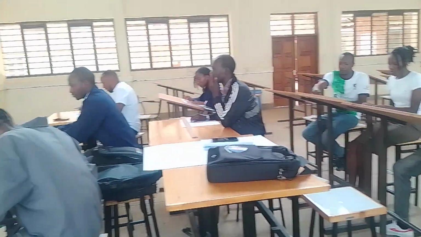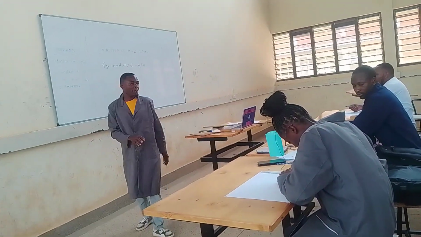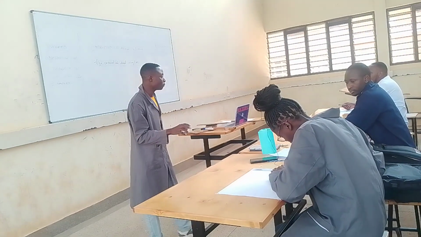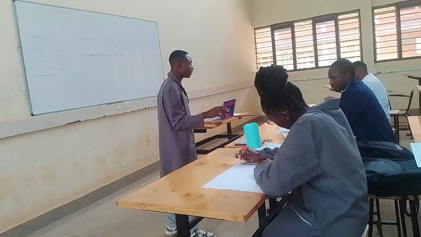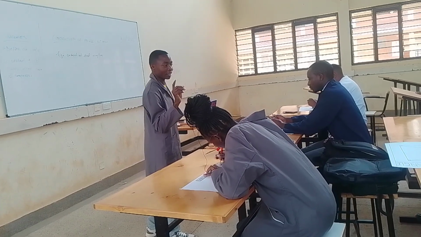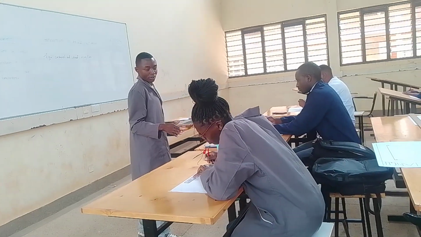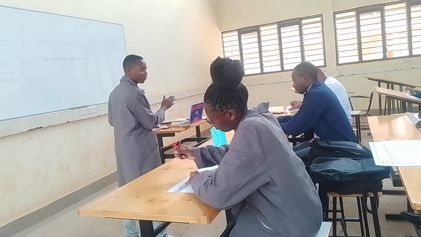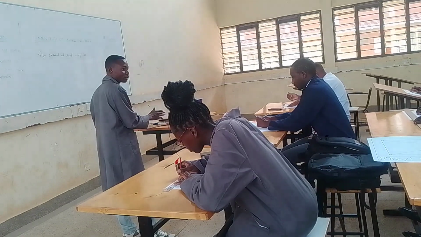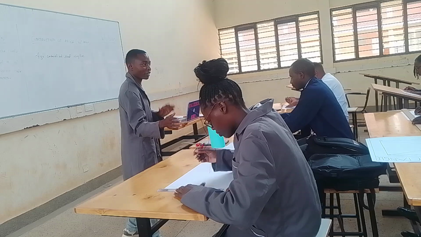Okay, let's continue. Because we have different types of construction, divide that paper into two, so that in the first space you construct a figure and in another space you construct another figure.